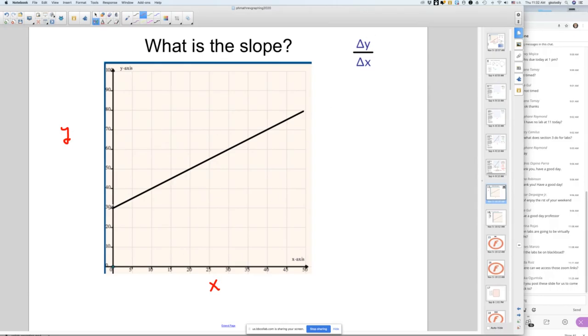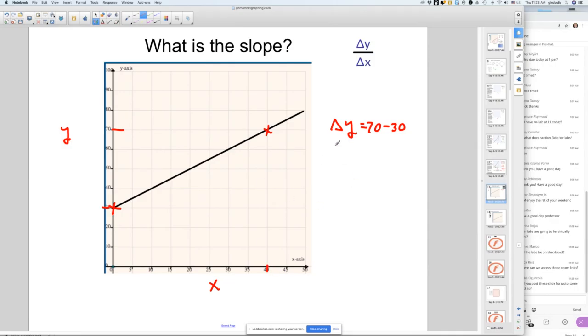So to find the slope of this, again, you pick 2 points. Let's say I'm going to pick this point and that point. So this point is 70 and 30. So delta y is 70 minus 30. And delta x, this is 0, and this is 40.